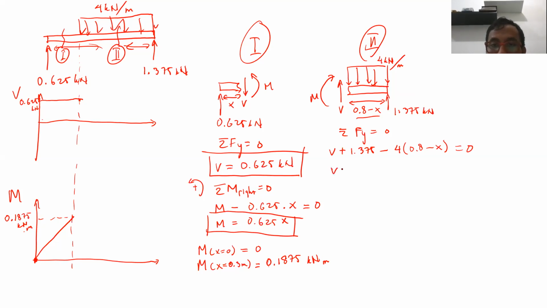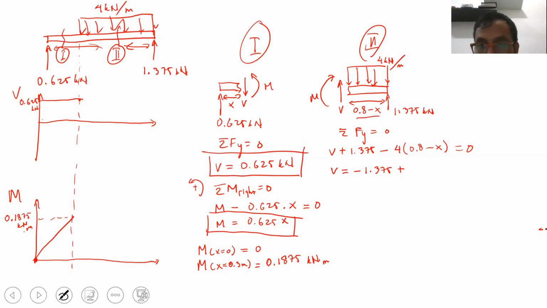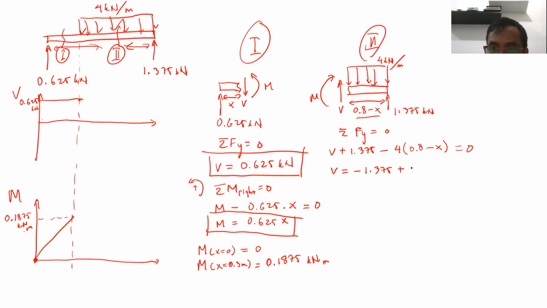Then what we have is V is equal to minus 1.375 kilonewton plus 3.2 minus 4x.